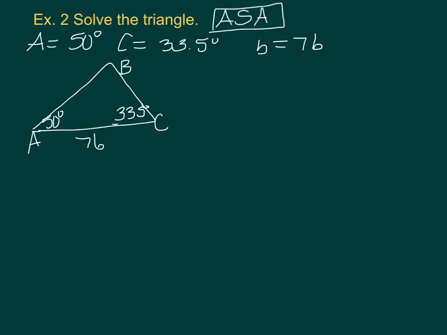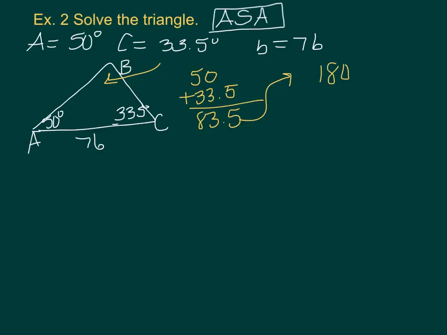So the first thing I do with this triangle, again, I find my third angle first. So I add 50 and 33.5, and I get 83.5, and I take that and I subtract it from 180.